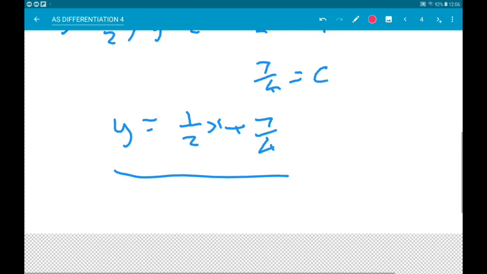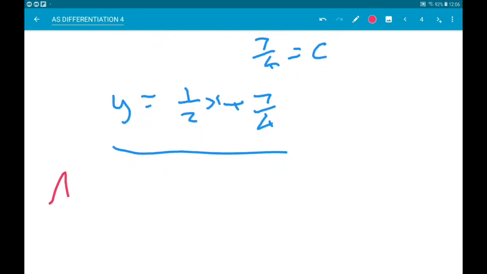Now at intersection points, the two equations are going to be equal. So the equation of the normal is equal to the equation of C2.